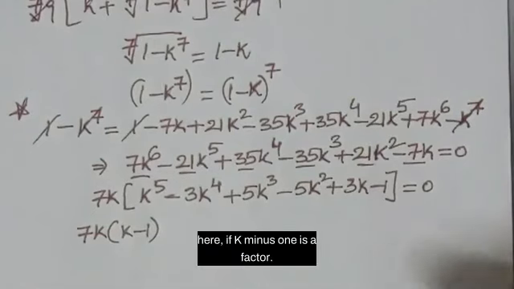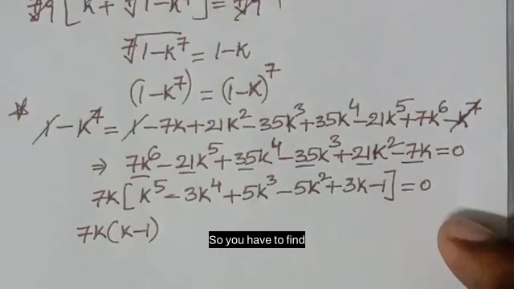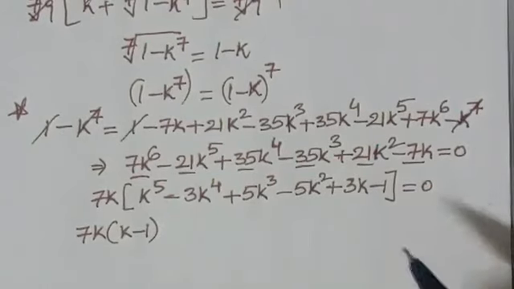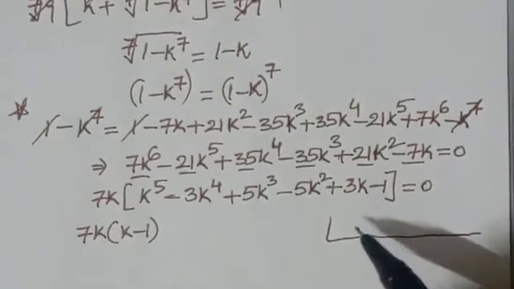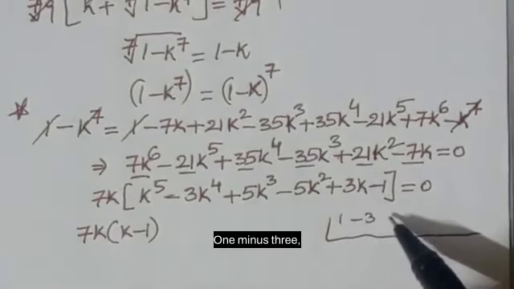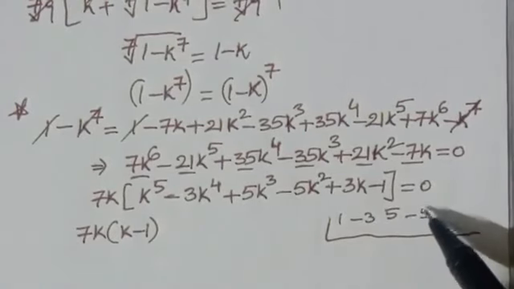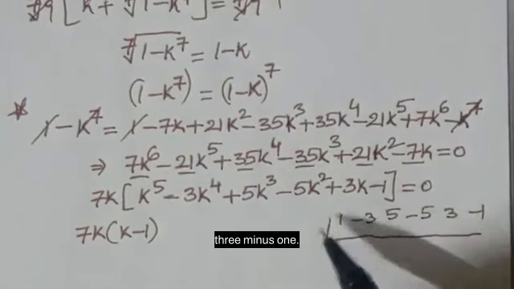Here, if k minus 1 is a factor, you have to find the remaining factor by using Horner's method. Coefficients: 1, minus 3, 5, minus 5, 3, minus 1.